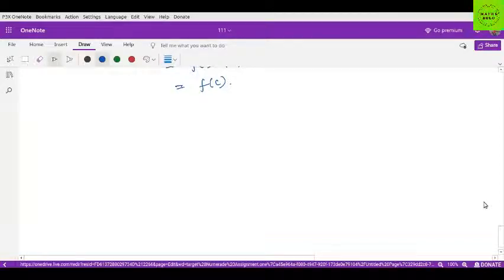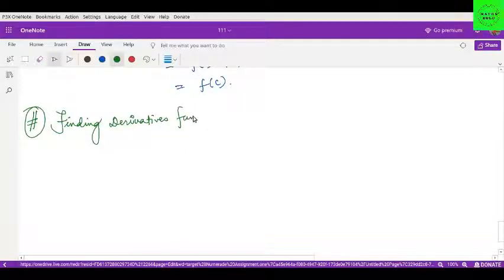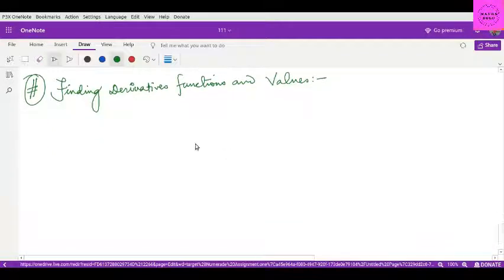Now further in the lecture we have some problems. So first one is finding derivatives or derivative functions and values. So here the statement of the question is calculate the derivative.